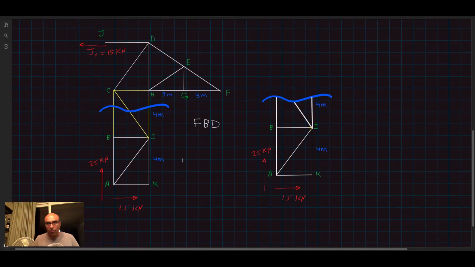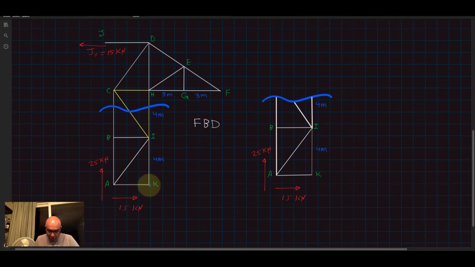Okay, wonderful. So let's look here now. We were able to copy this and put it here so that we can work on it as the sectional method. Notice something before we continue. We could have actually not drawn these 2 members, IK and AK. Do you know why? Think about it a little bit.